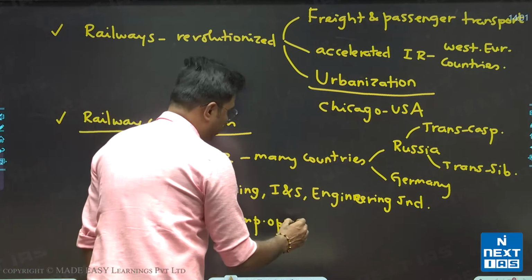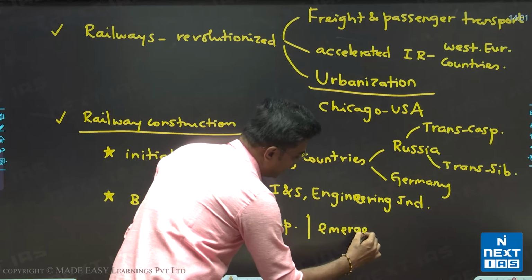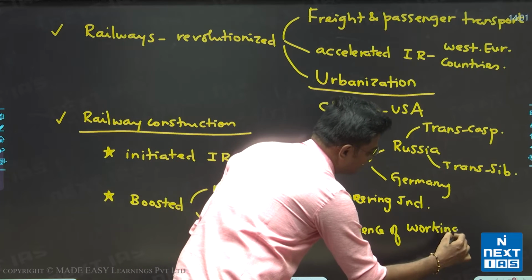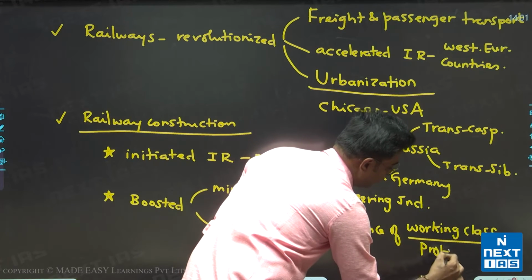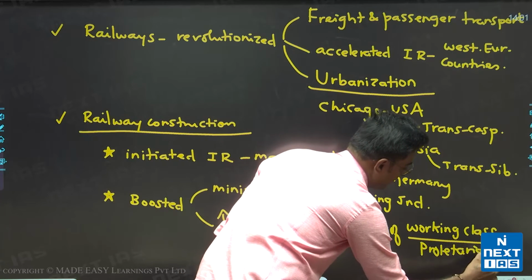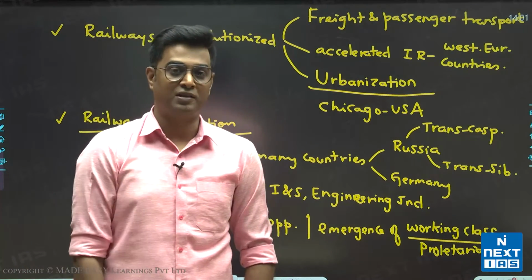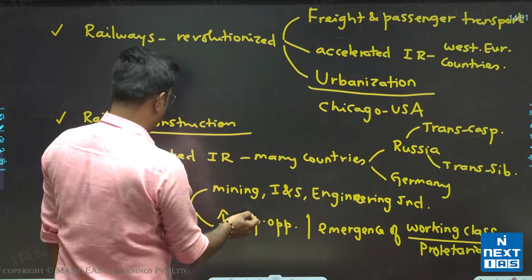And the new employment opportunities resulted in the emergence of working class or the proletariat. And the coming of the working class and their sufferings due to exploitation by the capitalistic class resulted in ideologies such as communism and socialism.